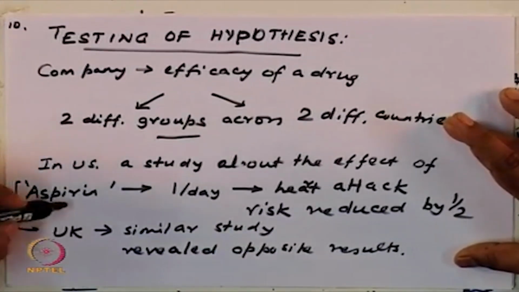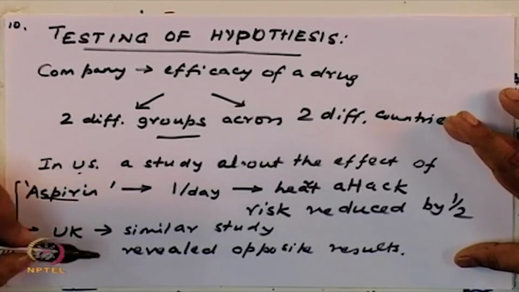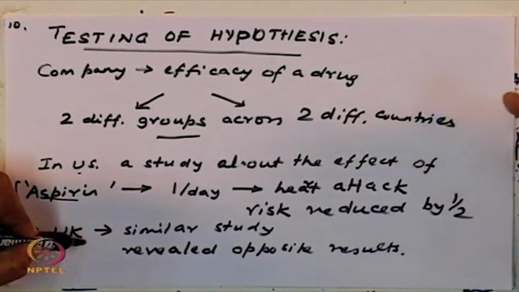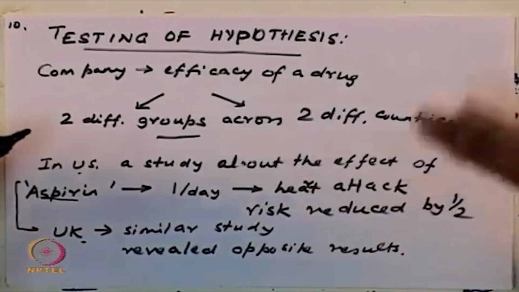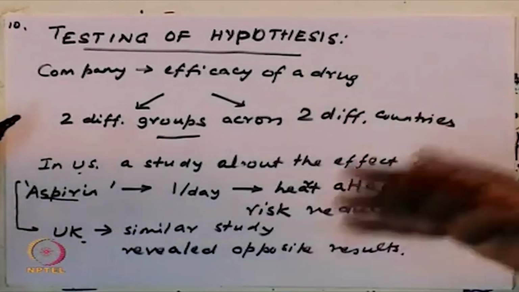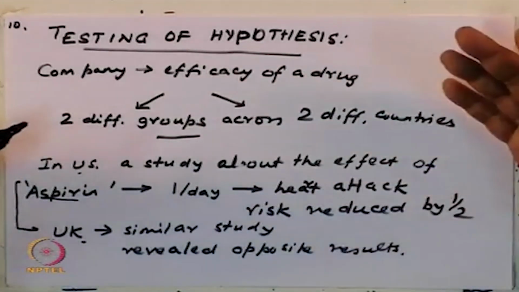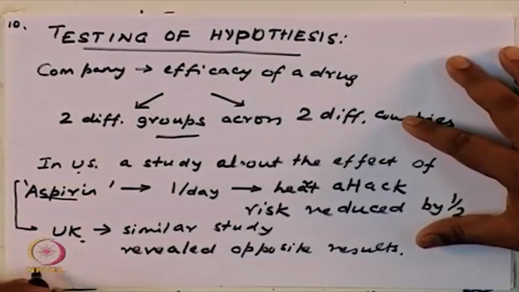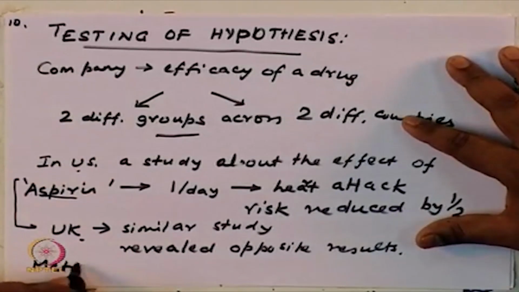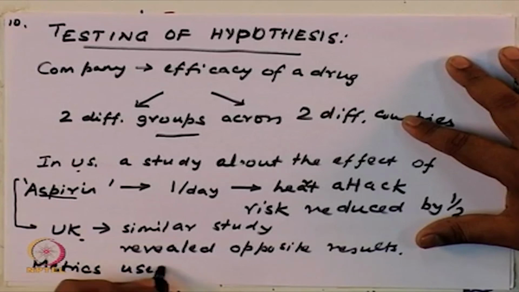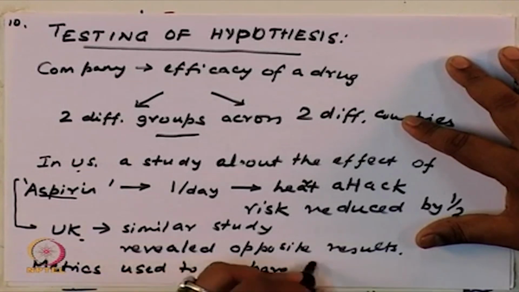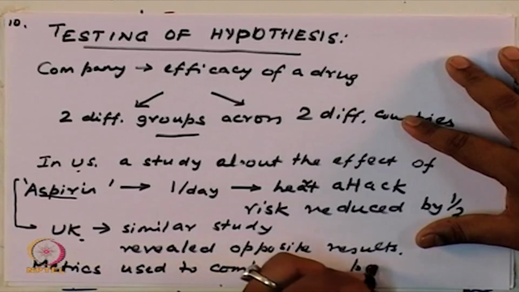How is it possible that the same drug is working in one country and not in the other country? It is debatable whether this is because of differences of people, but more likely it is because of the differences in the metrics used to compare the performance.